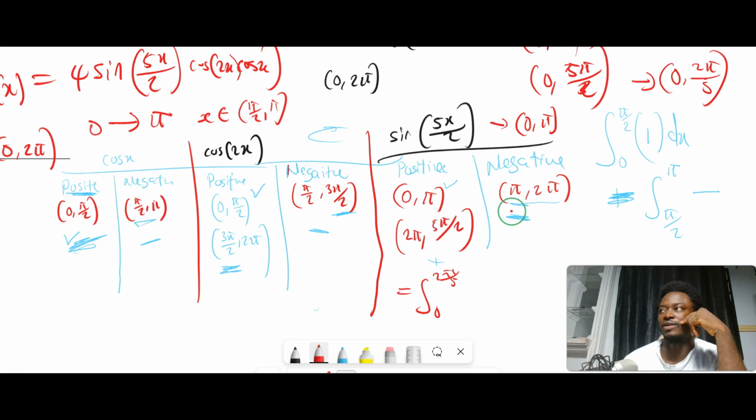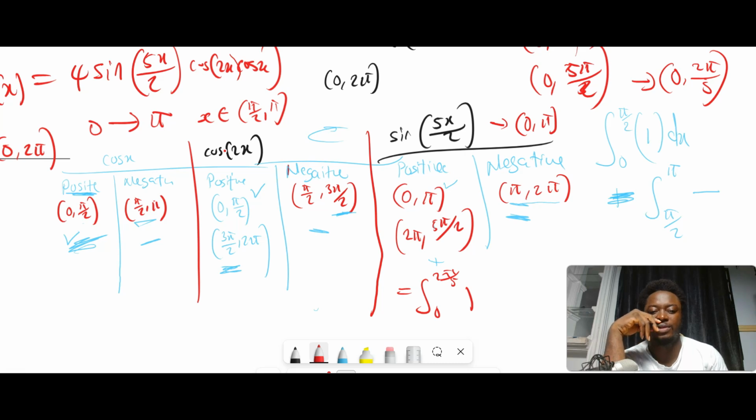And in that interval, they are all positive, so we get a 1. Then 2 pi over 5 to pi over 2 here. From 2 pi over 5 to 5 pi over 2, where do we get cosine? Cosine becomes 4 pi over 5, and then cosine from 2 pi over 5 to pi over 2, and then 2 pi.